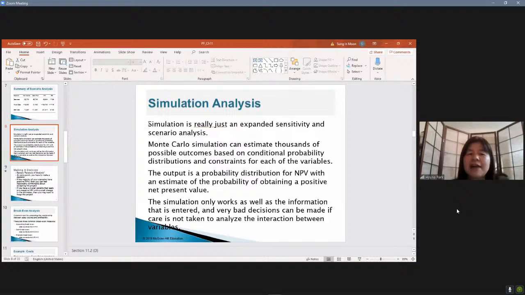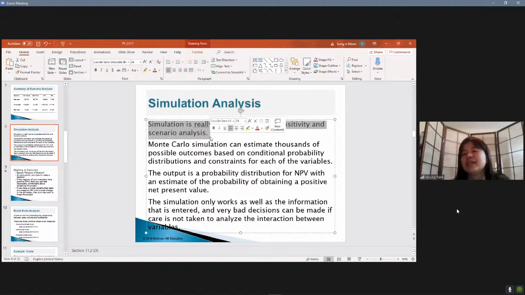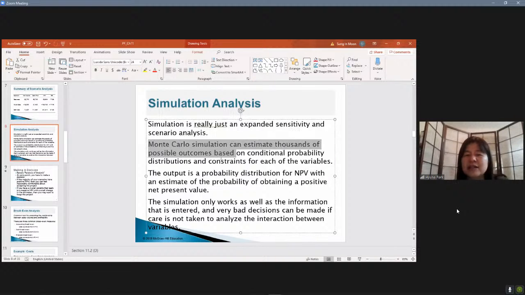As I emphasized in this slide, simulation is just an expanded sensitivity analysis and scenario analysis. In Monte Carlo simulation, using more advanced computer science skills, we can estimate thousands of possible outcomes based on conditional probability distributions and constraints for each of the variables.